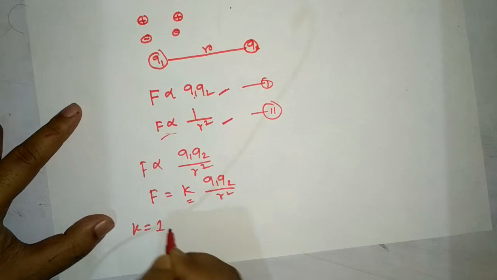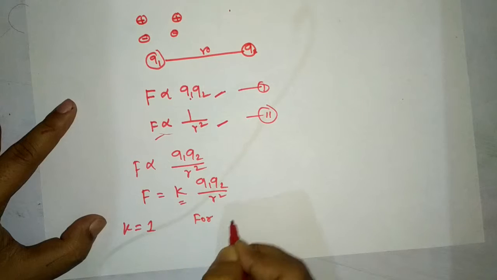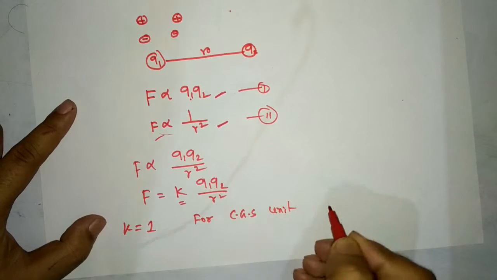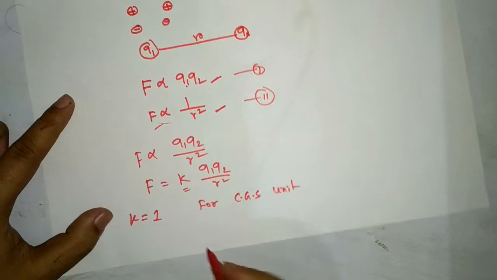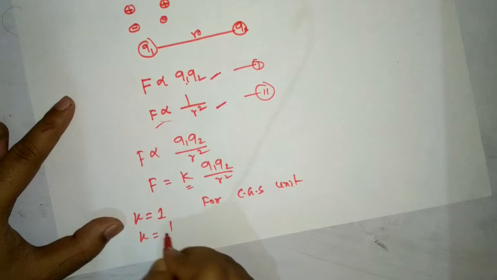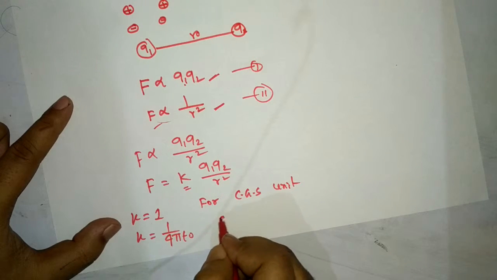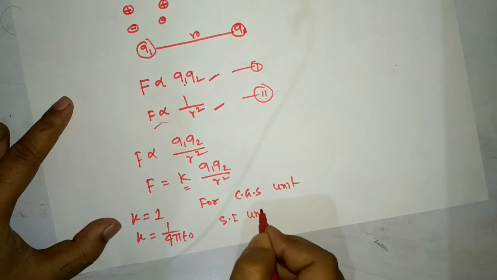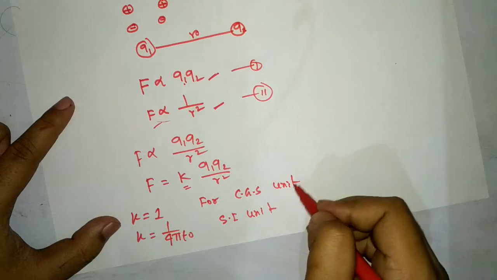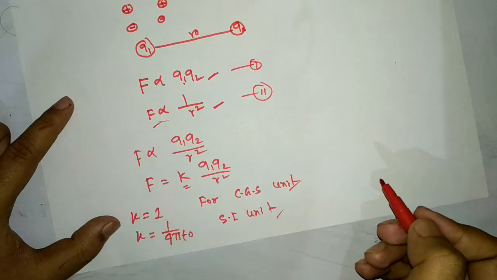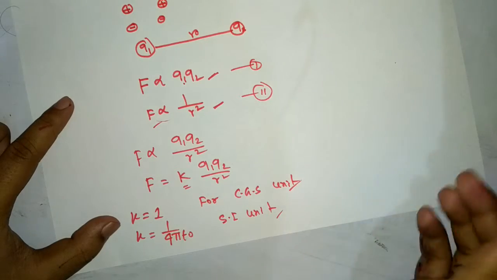K equals 1 in CGS unit, and K equals 1 by 4 pi epsilon naught in SI unit.